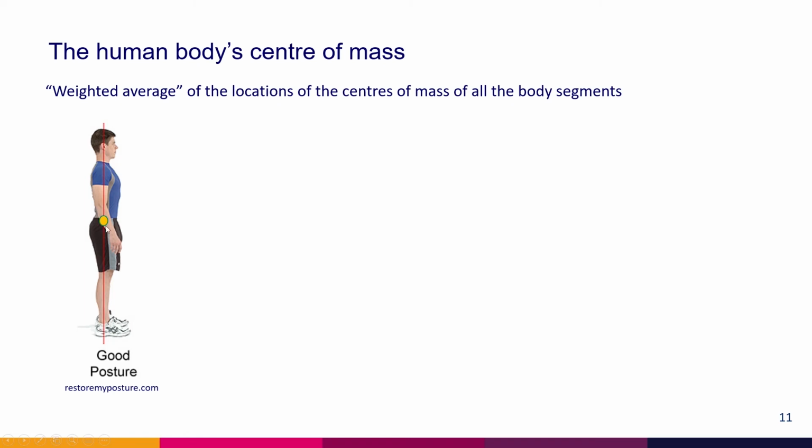For good posture, the segments are pretty much all stacked one above the other, and their line falls within what we call the base of support of the person, so under his feet. In this position, the body has to do very little work. The muscles are quiet and just hold the body if it starts to sway forward and backward or side to side. So good posture is actually a very low energy state for the body.